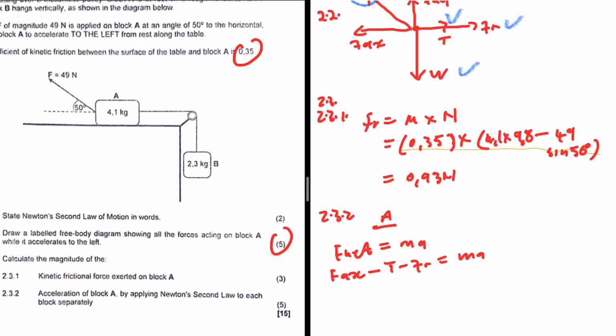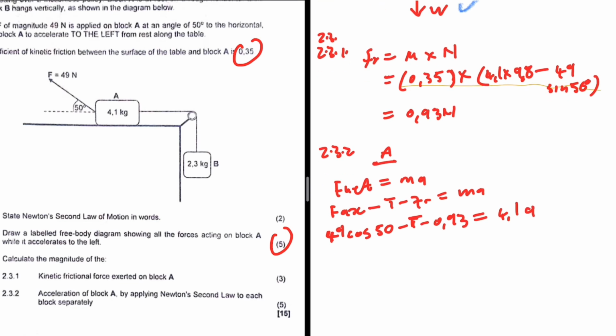So Fax is going to be 49. We said that x is cos, so 49 cos 50 minus the tension. I don't think we have the tension. Minus the frictional force. The frictional force is 0.93. This equals ma, so 4.1 is the mass, and the acceleration is also unknown.